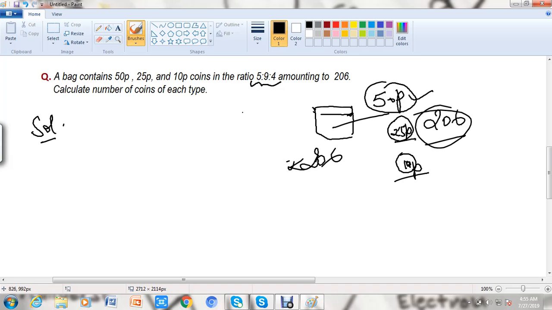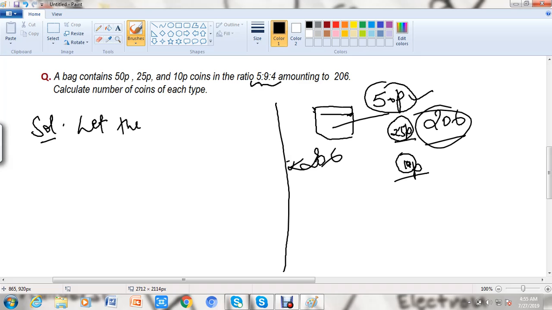If they are in the ratio 5:9:4, then we must have one common factor. The 50 paisa coin, 25 paisa coin and 10 paisa coin are in the ratio 5, 9 and 4 respectively. It can be written as A is to B is to C is in the ratio 5:9:4.